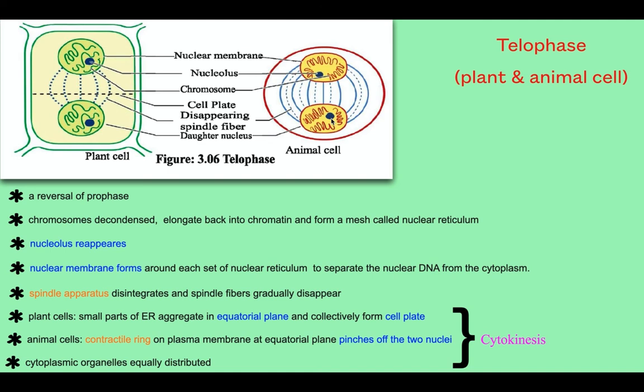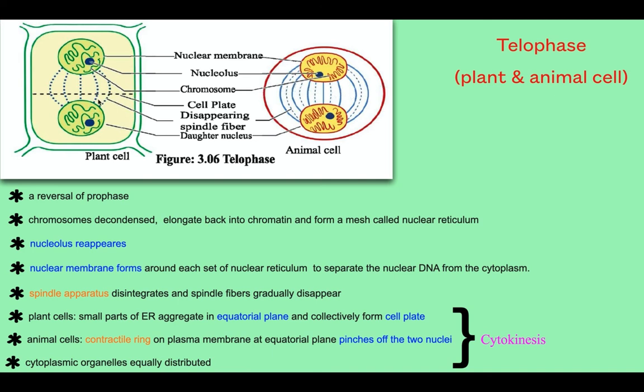Now the question of cytokinesis. The cell will have to be divided. This is a little bit different for plant cell and animal cell. In plant cells, almost at the middle, small parts of endoplasmic reticulum, ER, will be aggregated in the equatorial plane and collectively start the cell plate.